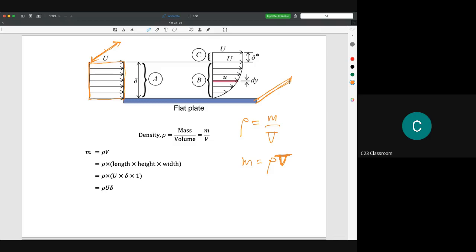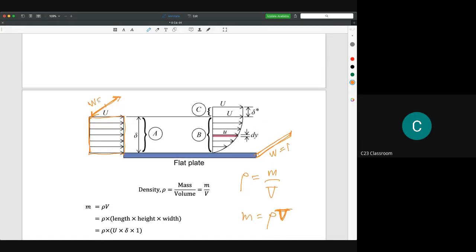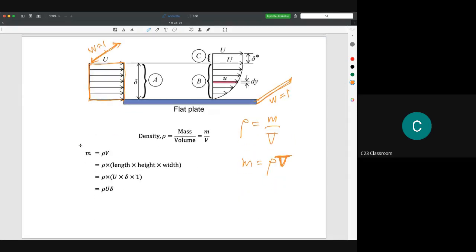So we could cancel the width terms left and right, or we just assume that the width of the plate here is equal to 1, so we could reduce the terms in our calculation.